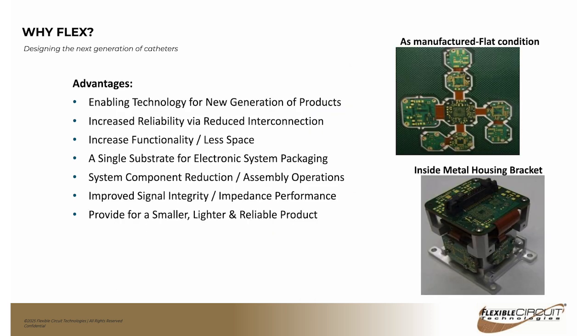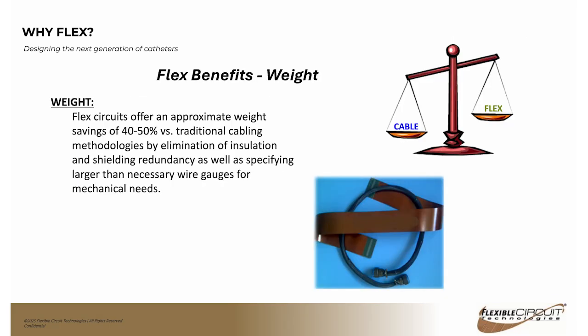I'll go through these individual advantages one at a time, but there's a lot of things that flex circuits bring to the market that you can't get in a wire harness. One of them is weight, and that's really big when it comes to things like avionics or applications for munitions.